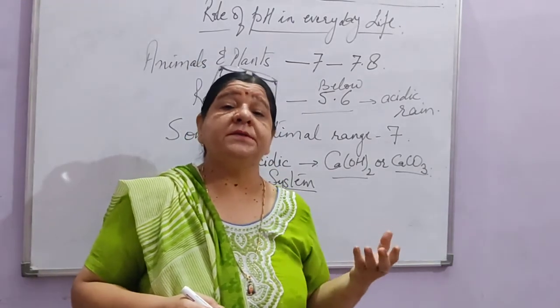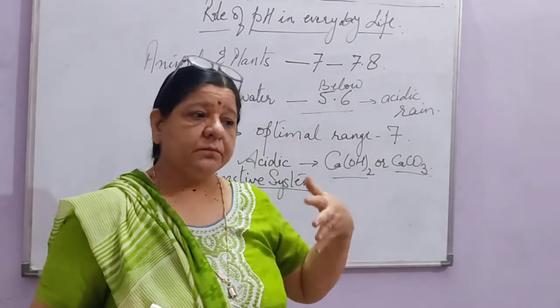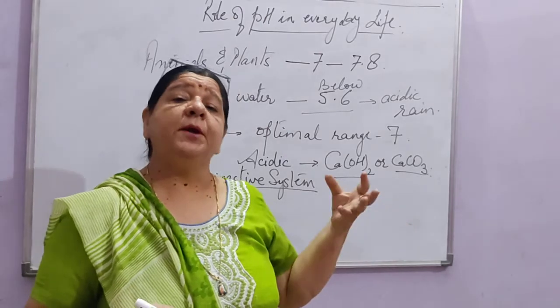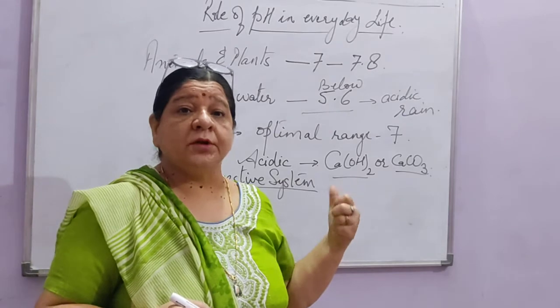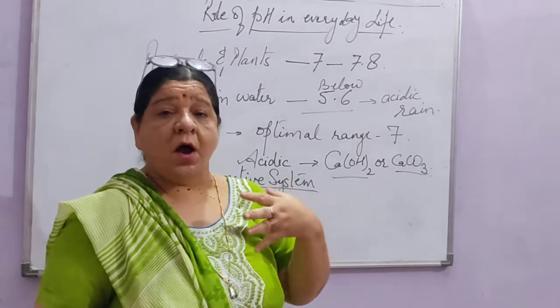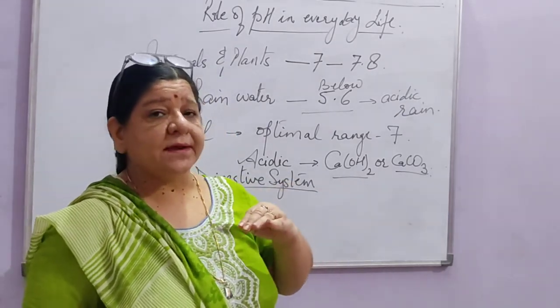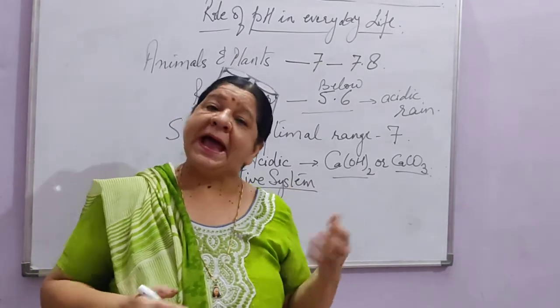This increase in acid may also cause ulcers sometimes in the stomach. So it is not good if the HCl increases. Now how can we reduce that? By taking some antacids.